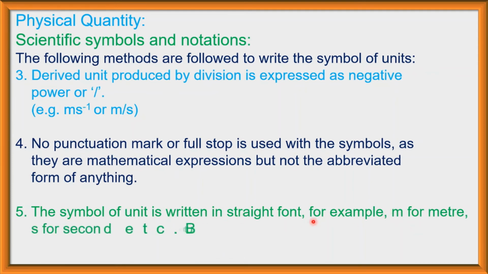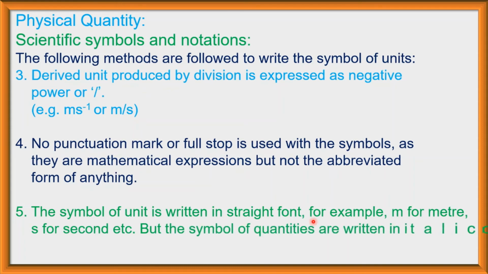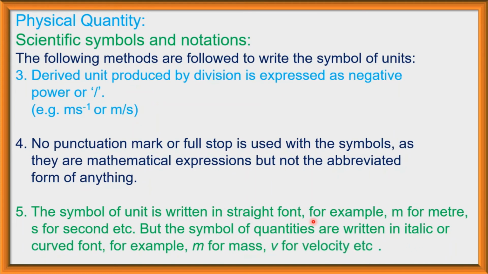But if we want to write the symbol of a physical quantity, then we have to write it in italic font. Here second is a unit of time and its symbol is s, so s is straight, but the symbols of quantities are written in italic or curved font. For example, mass is a physical quantity and its symbol is m.